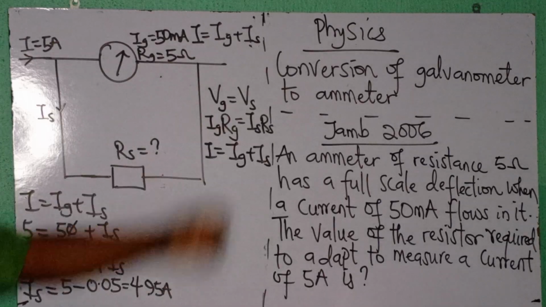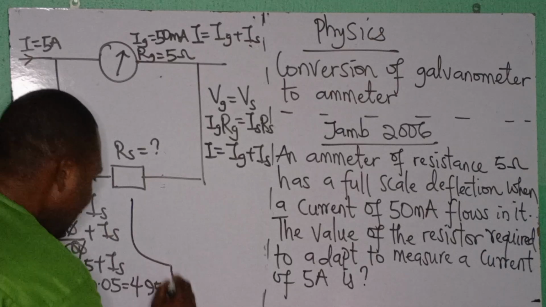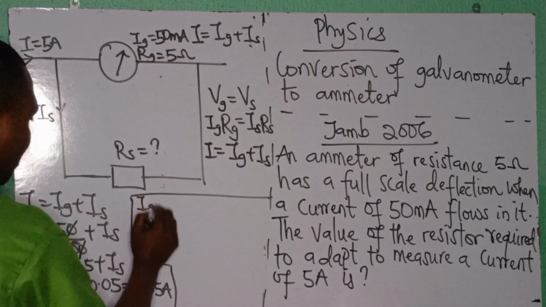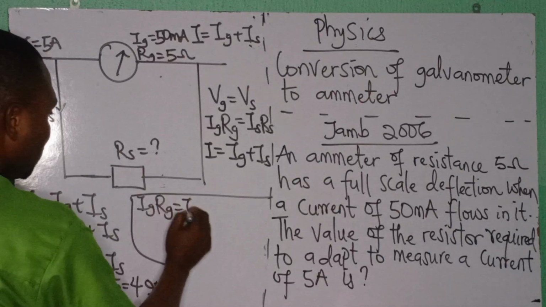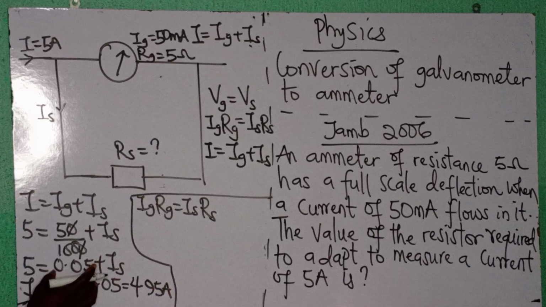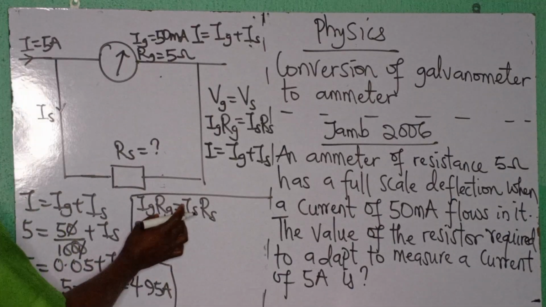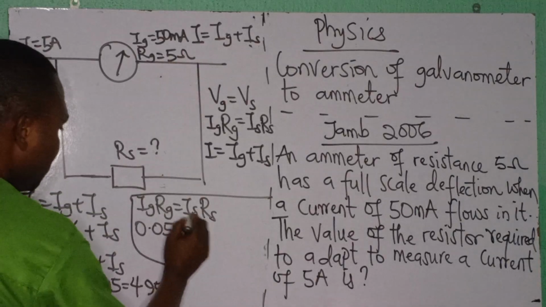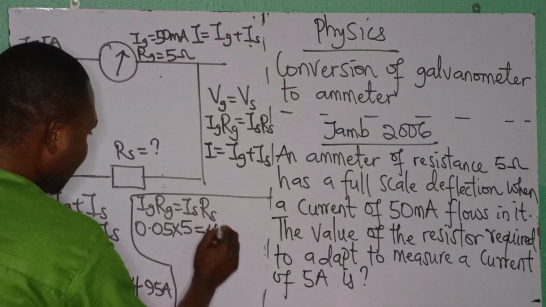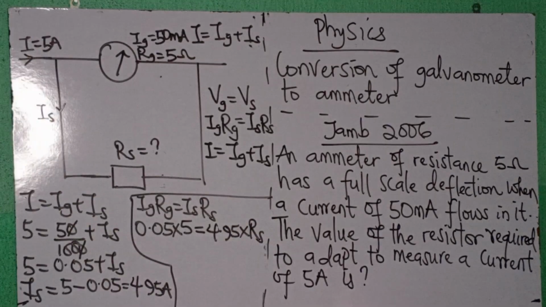Now we can calculate RS, the shunt resistance. From here, IG RG equals IS RS. IG is 0.05 times RG, which is 5 ohm, and IS is 4.95 times RS.